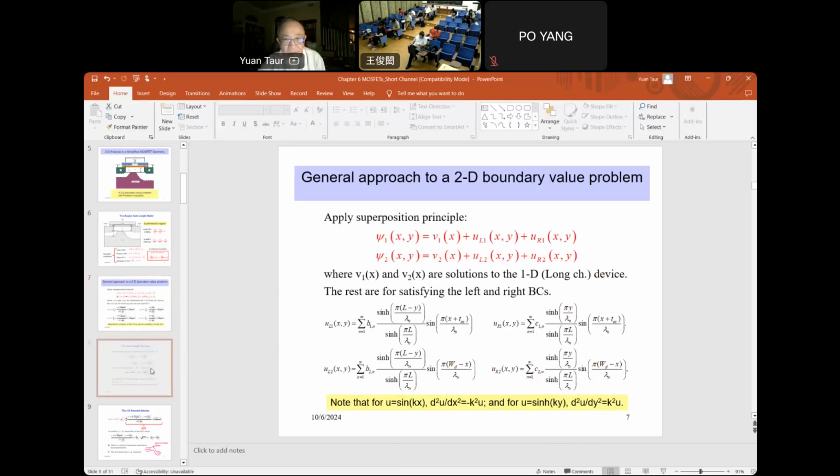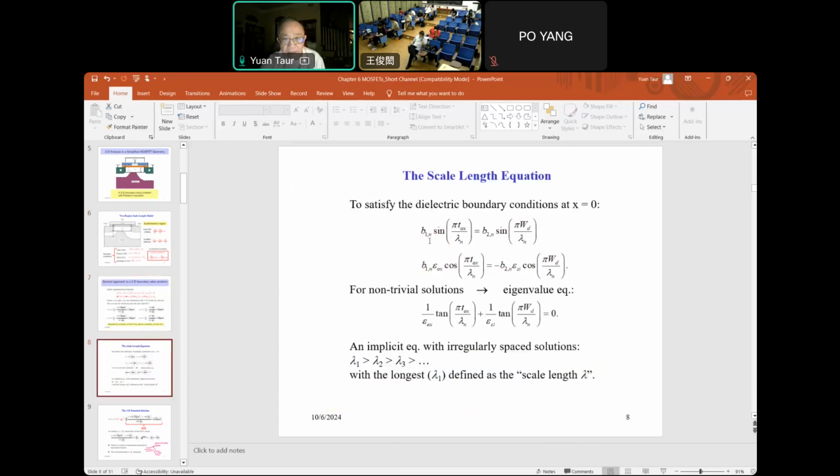So these two conditions become the b1n equations. Each term has to be equal because there are different functions. They must satisfy for every y value along the channel direction, and so that's the potential being continuous across the interface.